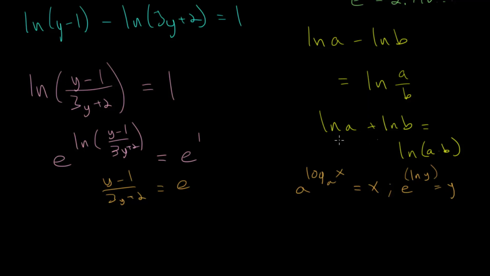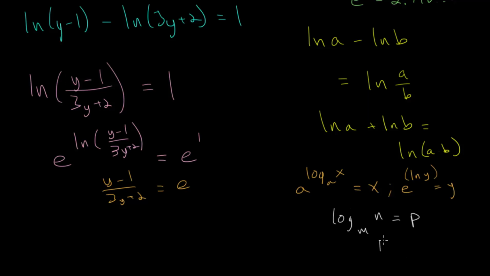Now, if you didn't want to take this approach, you can also just rewrite this in its exponential form. Since we know that when we have a logarithm, let me use a different color for this, let's say we have log base m of n, and this is equal to, let's say, p.